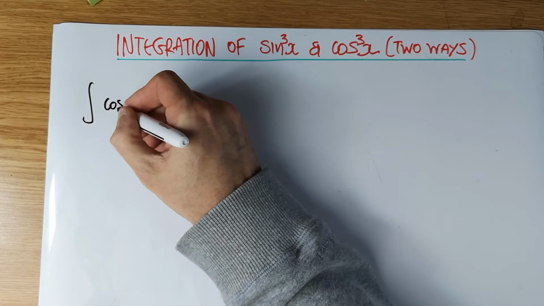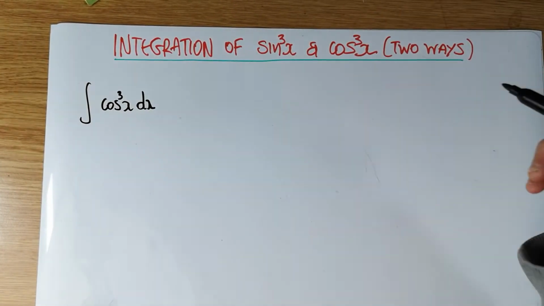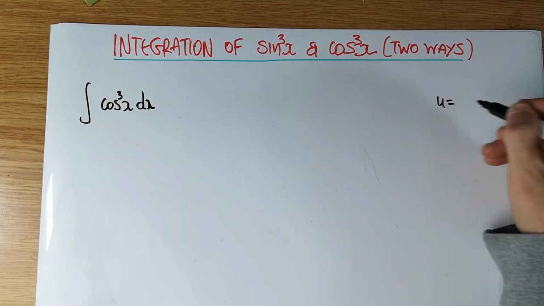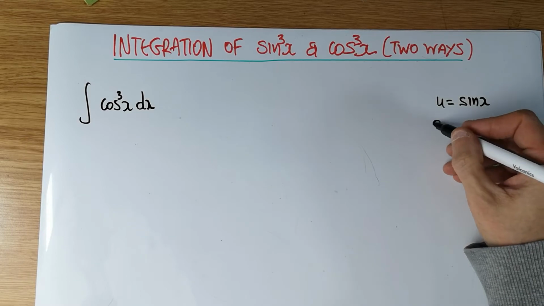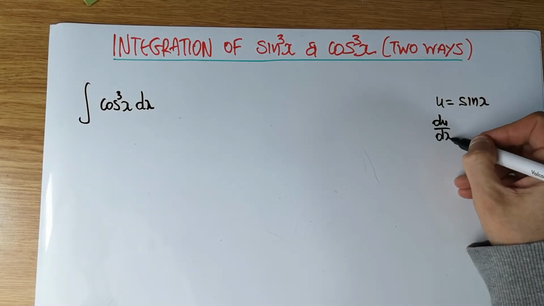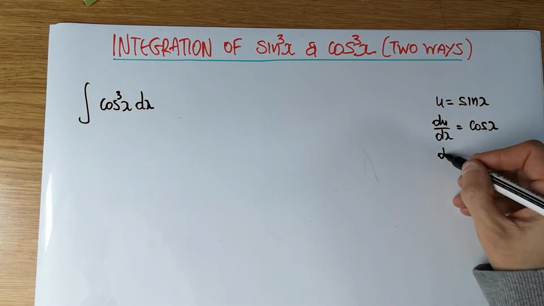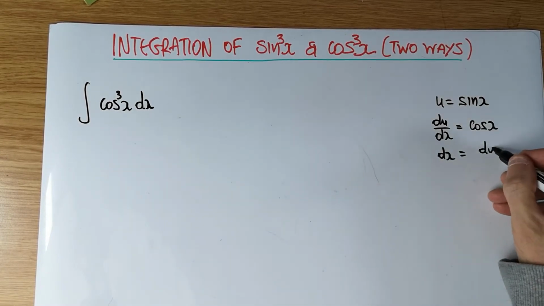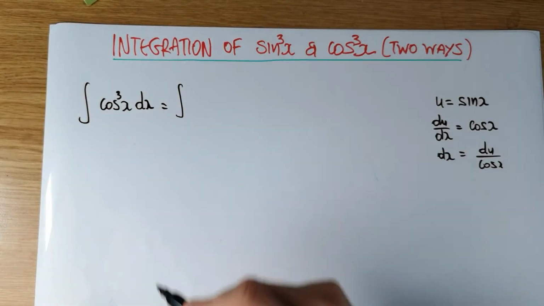This is now the integral of cos cubed of x dx. By substitution, u is equal to the sine of x. Same thing, du by dx is now positive cos of x, and my dx will be du over cos x.